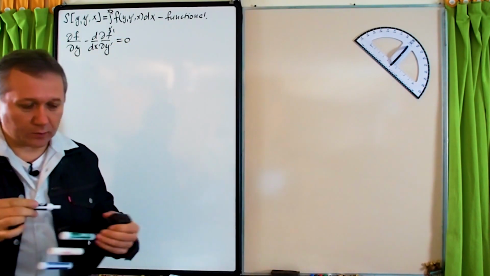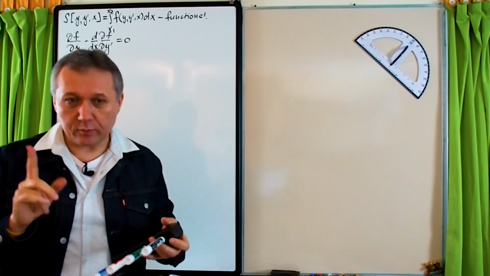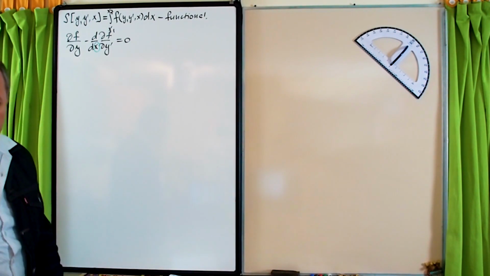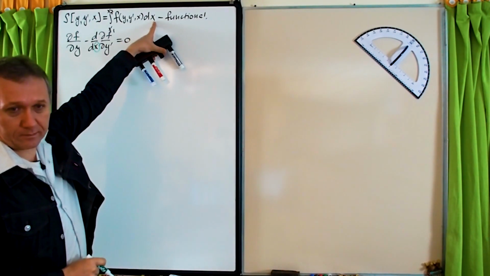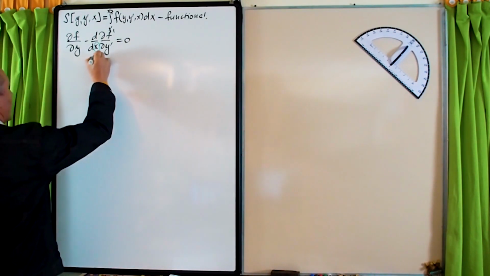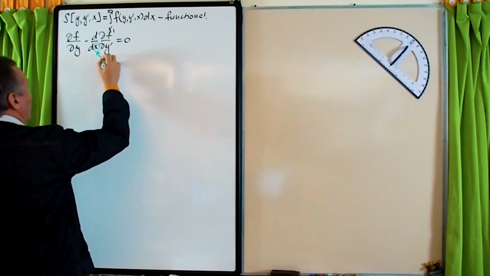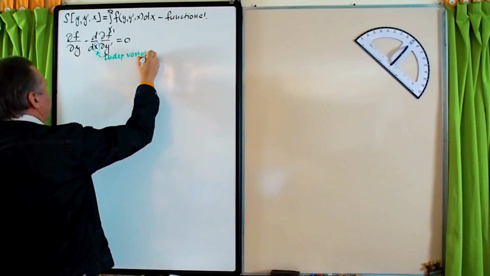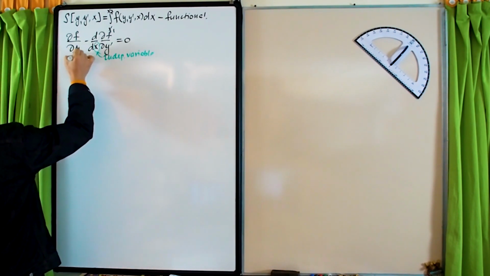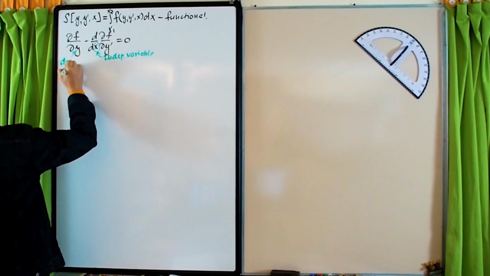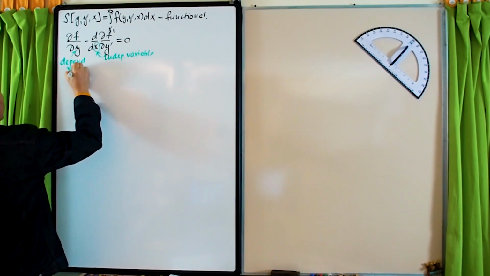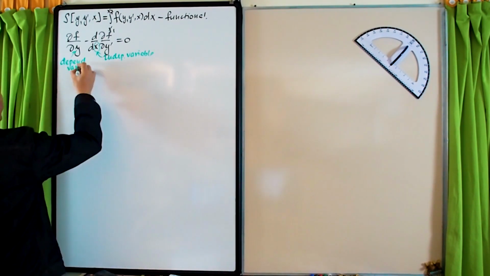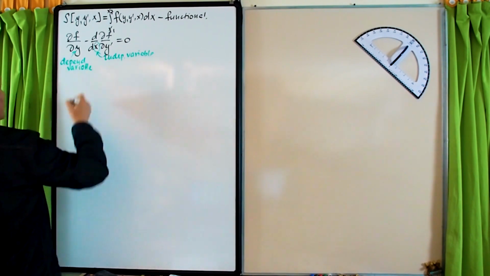I want to emphasize one important piece, because you will see why. x is our independent variable in this total derivative, and y and y prime are dependent variables.